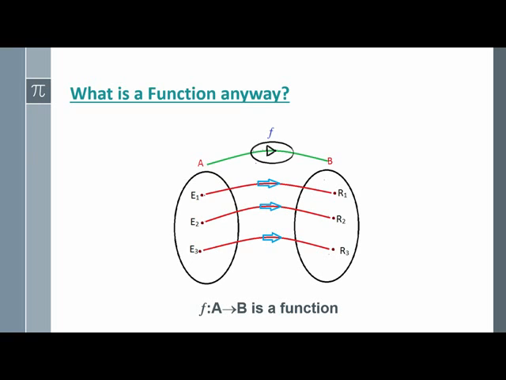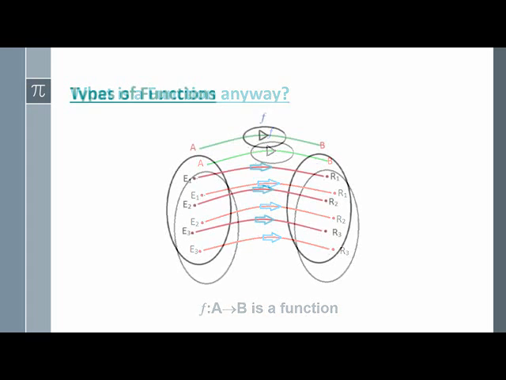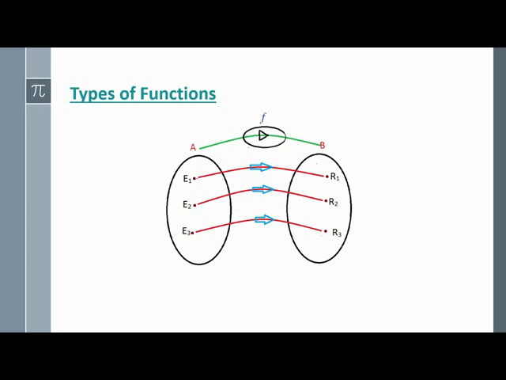Since all elements of set A and B are real numbers, the function f from A to B is real valued. The set A is known as the function's domain, while the set B is known as its codomain. There are many different types of functions. Let us take into consideration two of them.